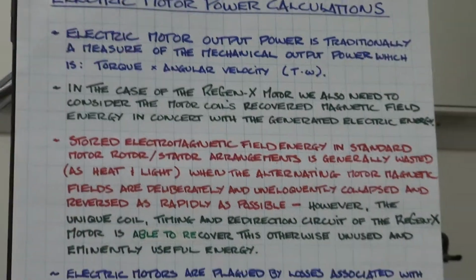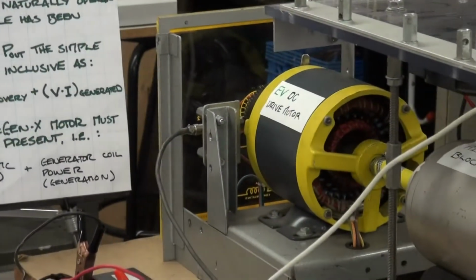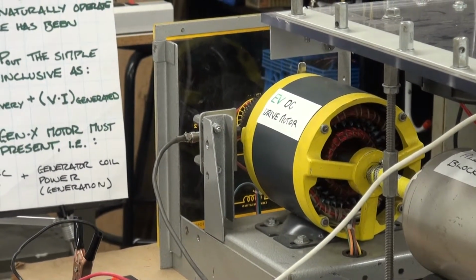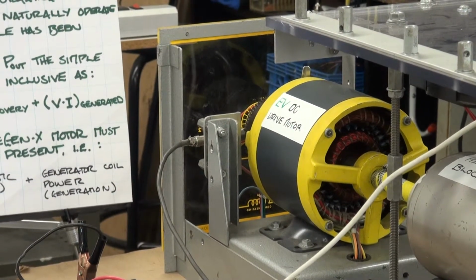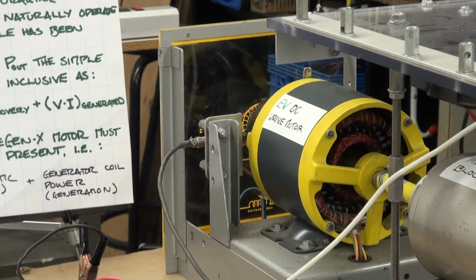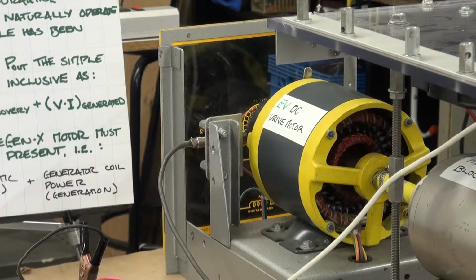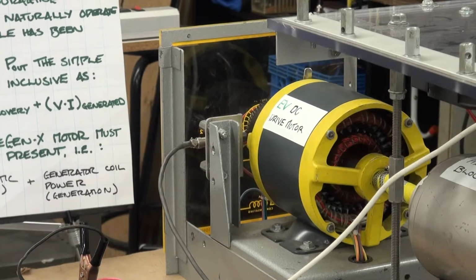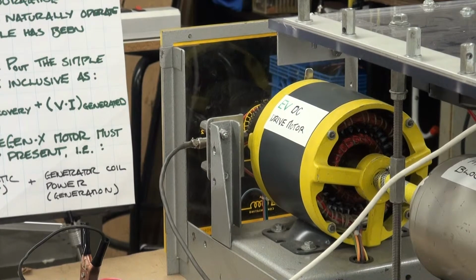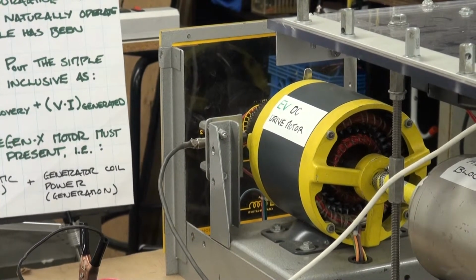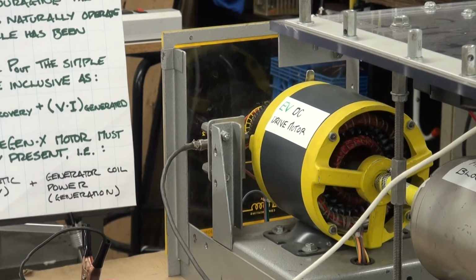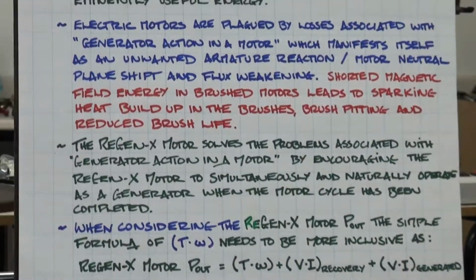In the case of the brushed universal motor, the sparking on the commutator is due to the design of the motor, whereby the used motor magnetic fields are shorted out and dissipated as quickly as possible to allow for the alternating magnetic field, which allows the motor to operate.